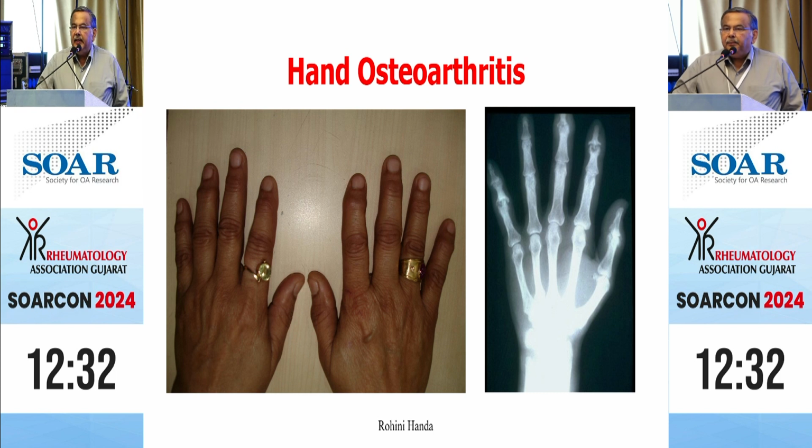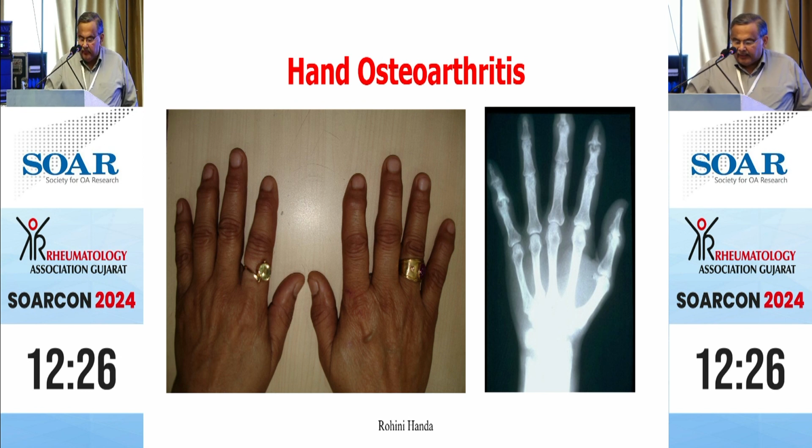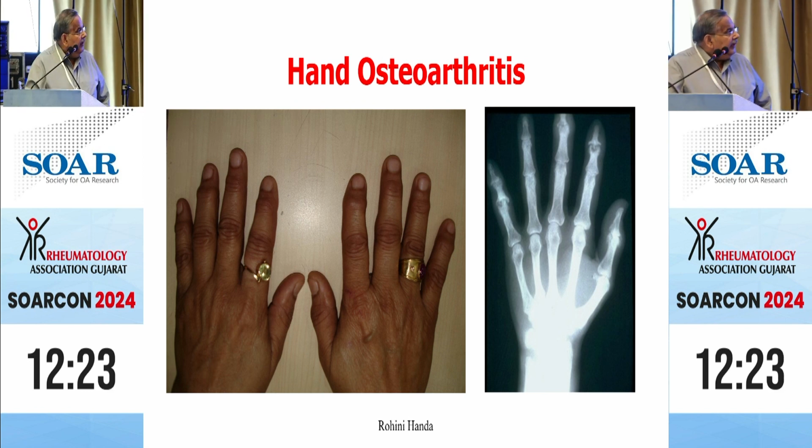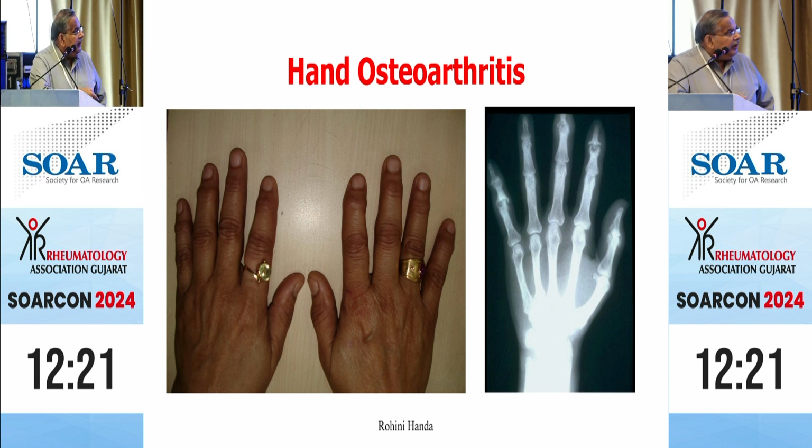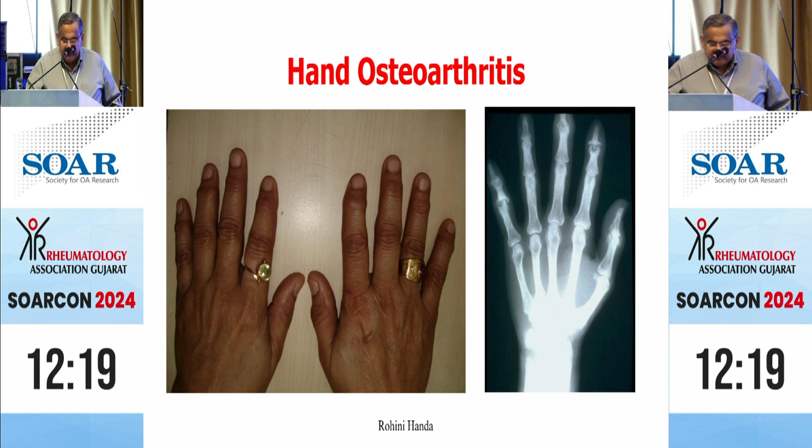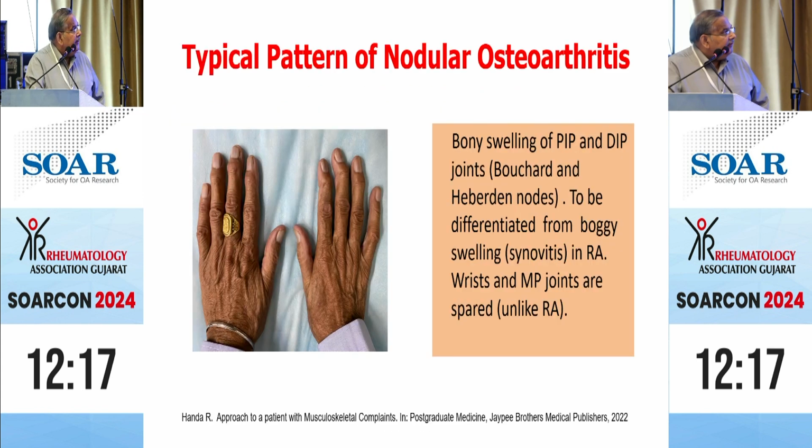In osteoarthritis, the bony swelling is unmistakable, and you have a predilection for the distal interphalangeal joints and the proximal interphalangeal joints, and you have characteristic X-ray changes.